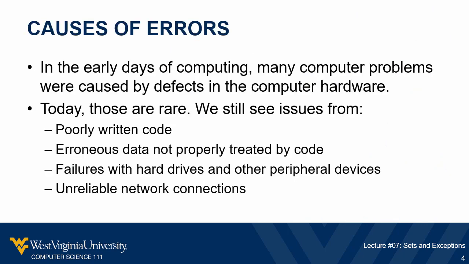To get started, let's talk a little bit about how we can go and handle errors that occur on our computers. In the early days of computing, the hardware that our computer software ran on was very unreliable, and that was largely a limitation of the technology available at that time. Back in the 1940s and 1950s, things were largely still done with old school technology like vacuum tubes, a lot of manual wiring, and sometimes even electromechanical components like relays.